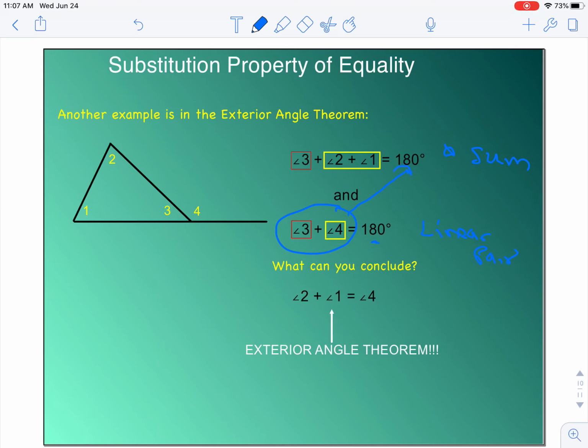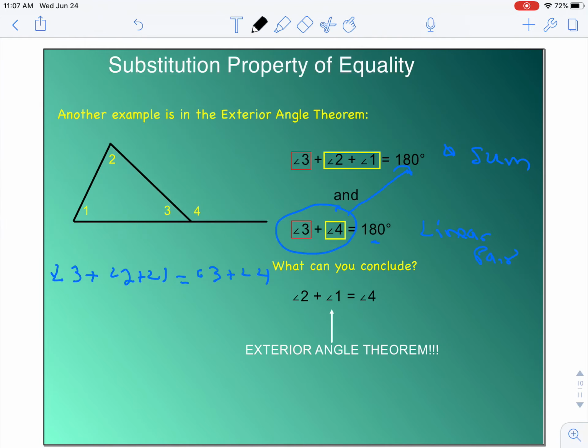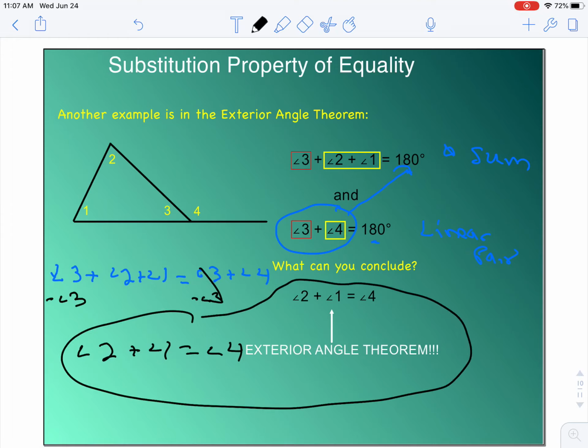We would have angle 3 plus angle 2 plus angle 1 equals angle 3 plus angle 4. Now if I subtract angle 3 from each side, I get that angle 2 plus angle 1 is equal to angle 4. And that is the exterior angles theorem. So that's how we use substitution.